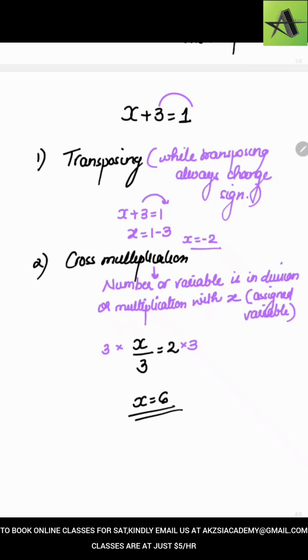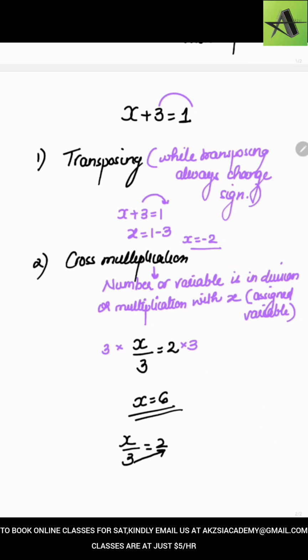And there is something called cross multiplication, which is nothing. It's the same thing that we did here. This is a conventional way of solving it. Cross multiplication is just a skip, you can say, or a shortcut, simple. So we are doing the same thing here. x over 3 is equal to 2. So cross multiplication, it's like this. If something has a fraction, you're just doing a cross multiplication like this.